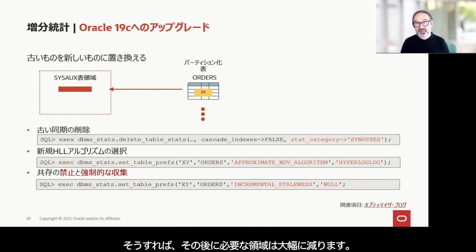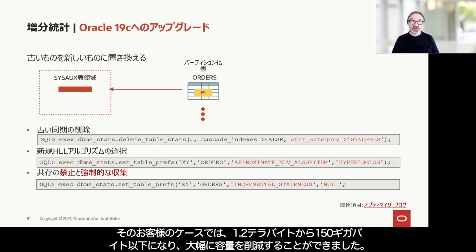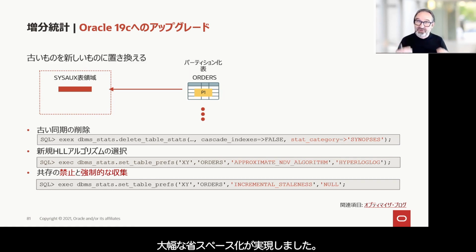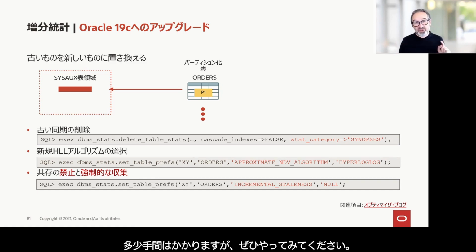Then you need less space afterwards, significantly less space. In that customer case, we really went down from 1.2 terabytes to less than 150 gigabytes, significant space saving. And it's really way more efficient. So do this, even though it's a little bit of extra effort.